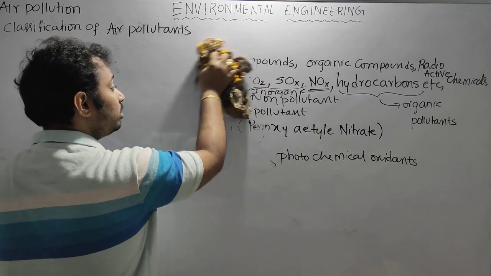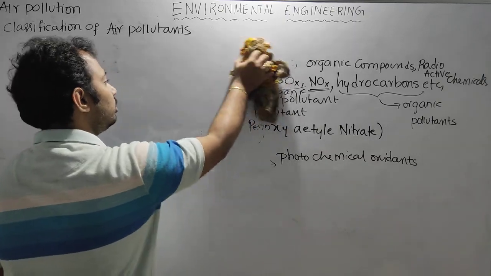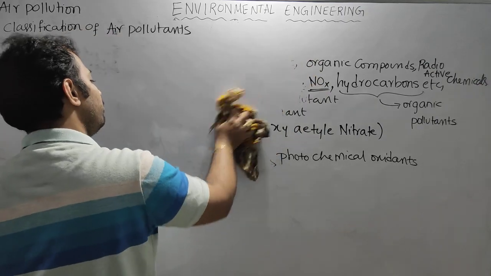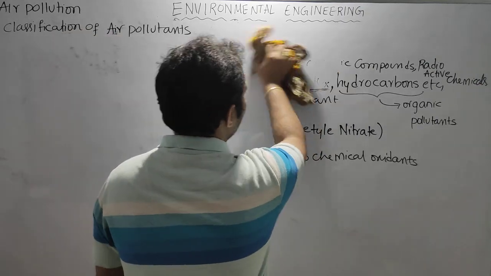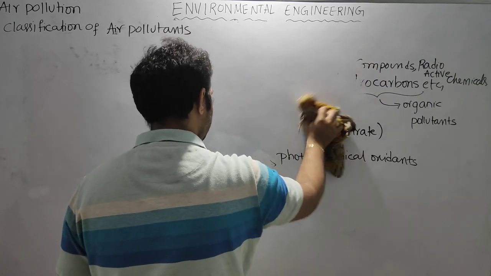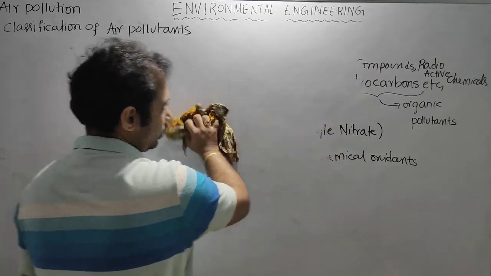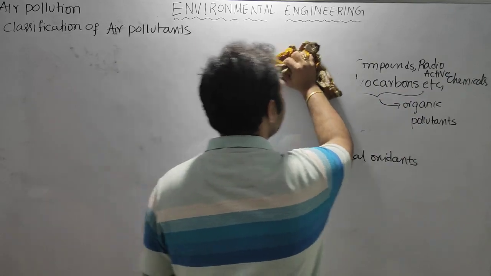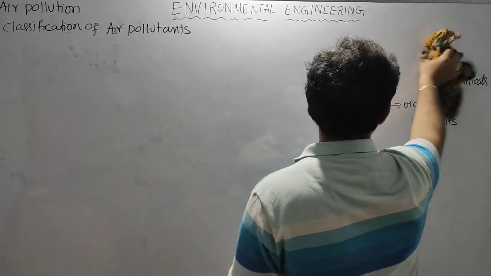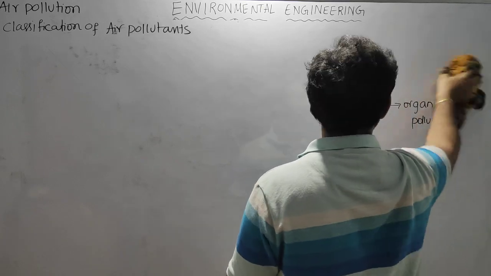From air pollution, the only problem we can expect is from this concept. It is a very simple concept, not that difficult. It is simple chemistry and depends on some knowledge of chemistry.